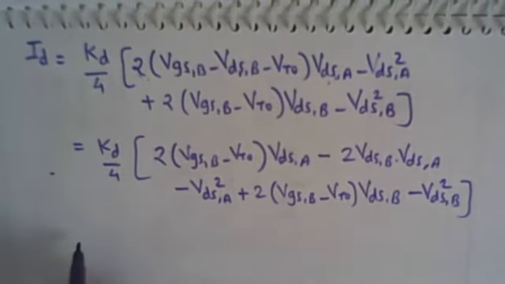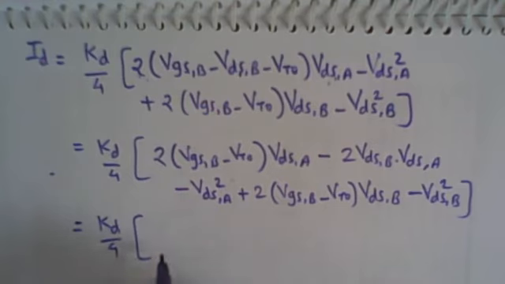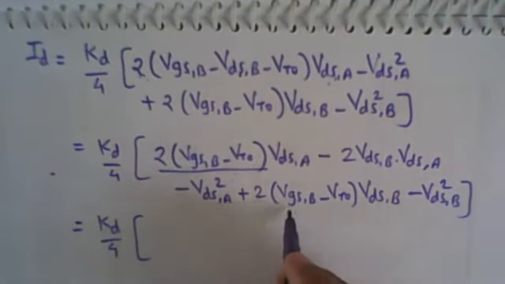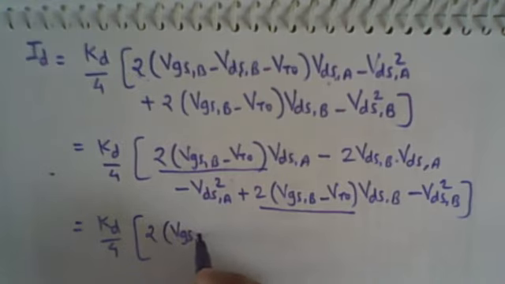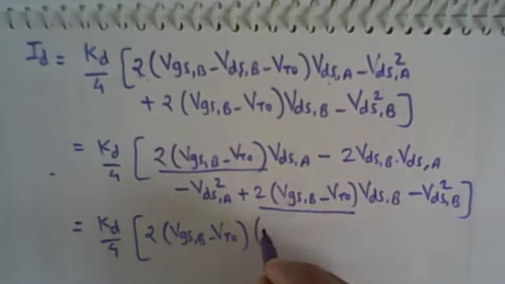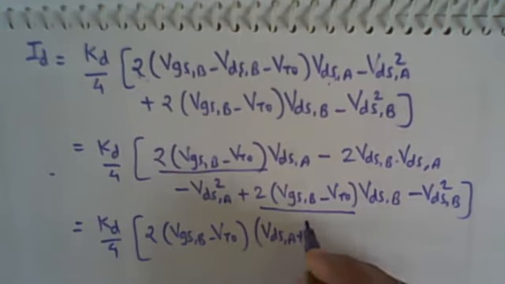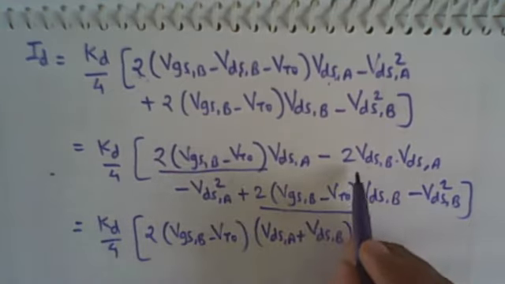Right? So it can be more simplified as KD by 4. Let's take the 2 VGS of B common. Right? So we can write it as 2 VGS of B minus VTO into VDS of A plus VDS of B. Right?